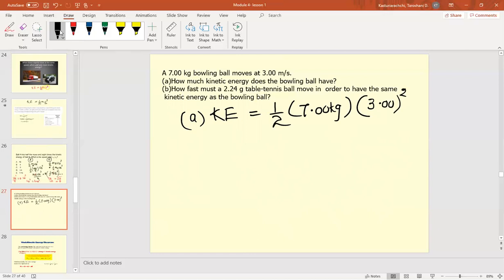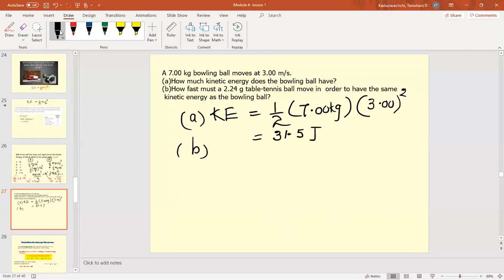Okay, you can simplify. Part B, how fast must a 2.24 gram table tennis ball move in order to have the same kinetic energy? Okay, so that means it's easier to have the numbers, right? 9 times 63 divided by 2, 31.5 joules. Okay, you can check the math.